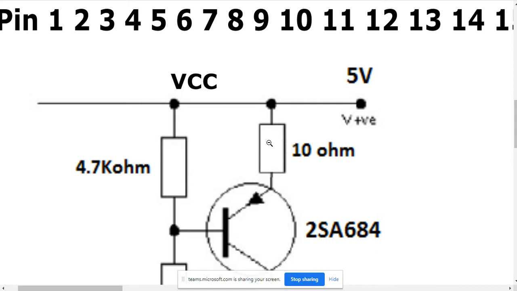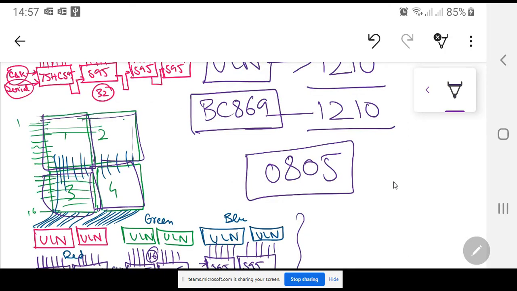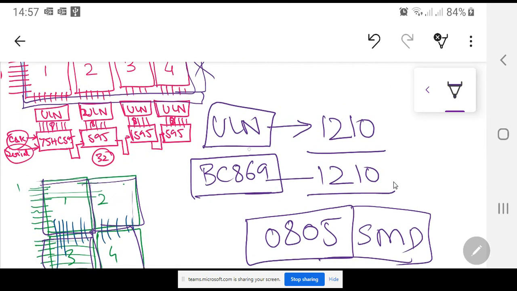This is very important. Don't reduce it. Then next thing, all the other resistances will be of 0805 size. So all the resistors are going to be 0805 except these two, the resistances which are with the ULN and which are with the BC869, which are of 1210 size.